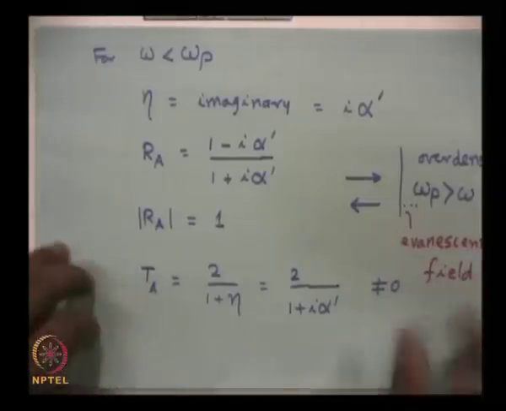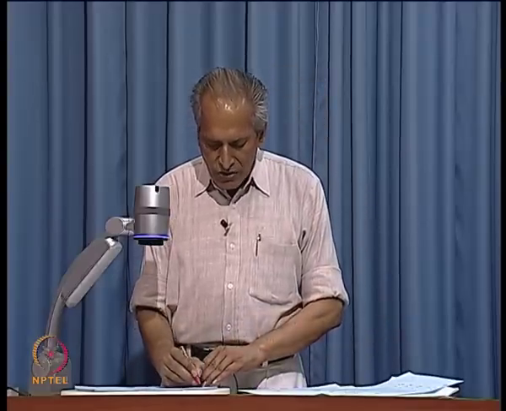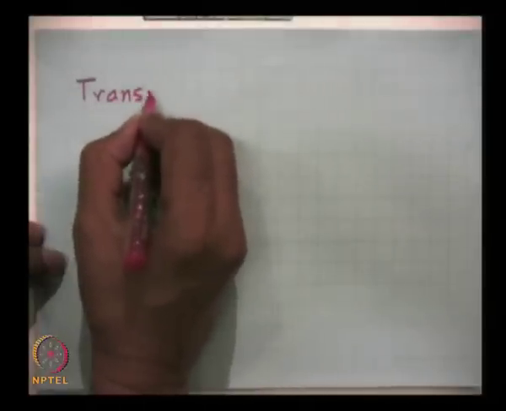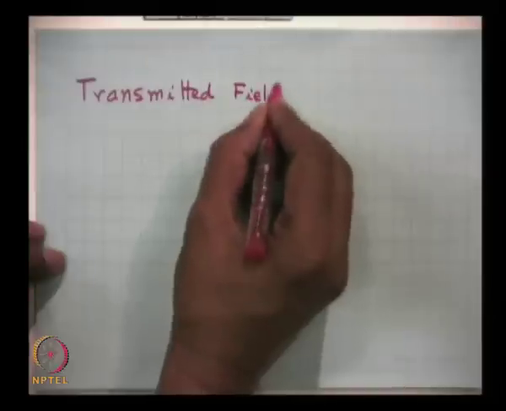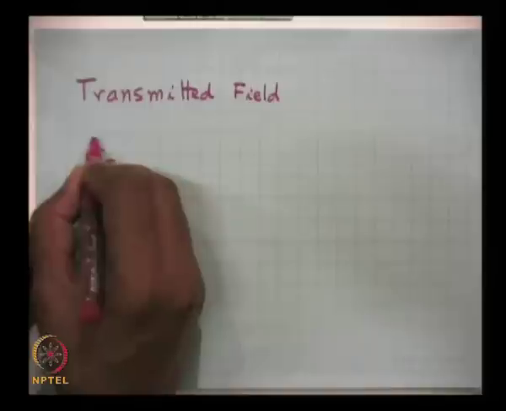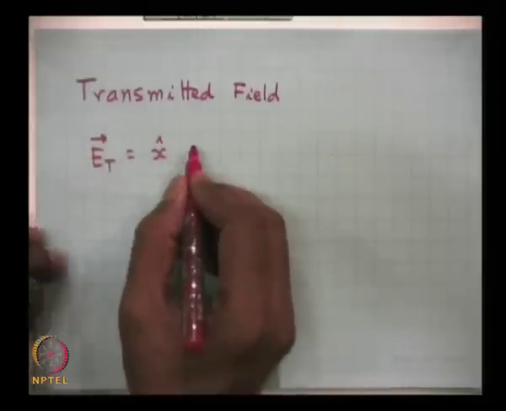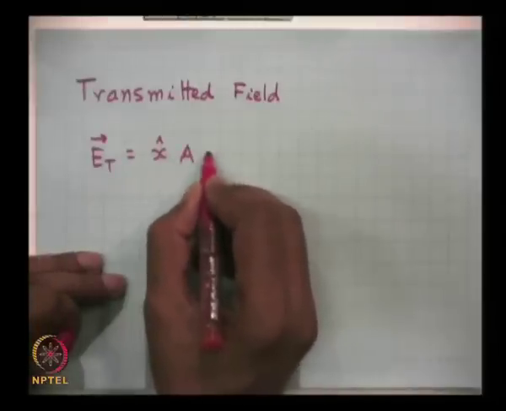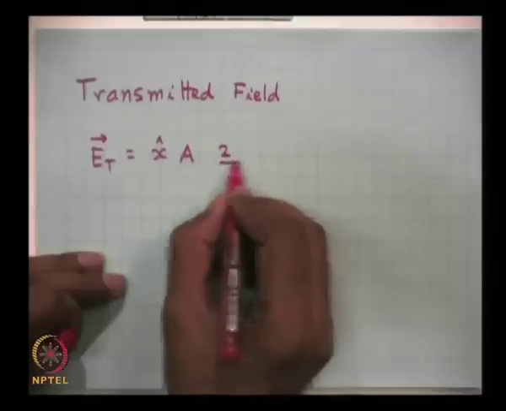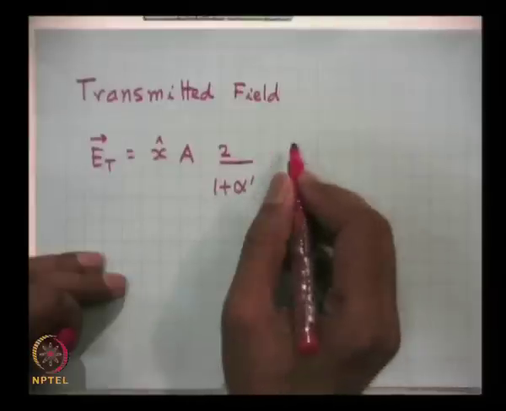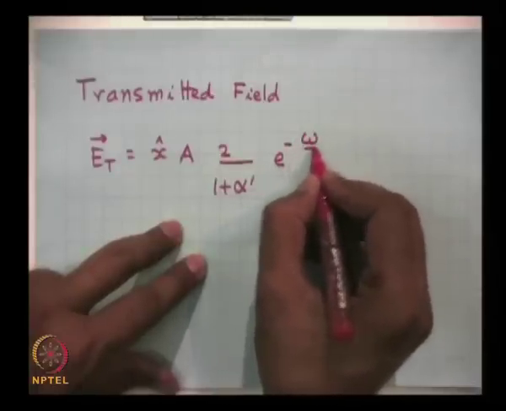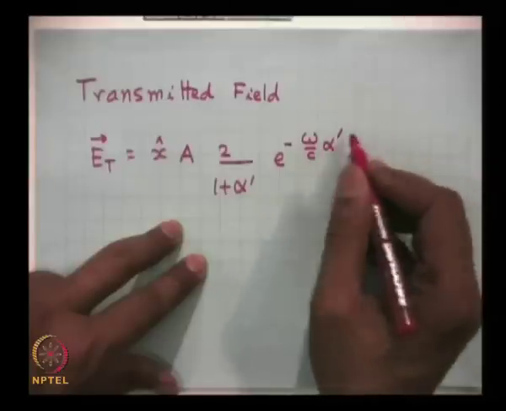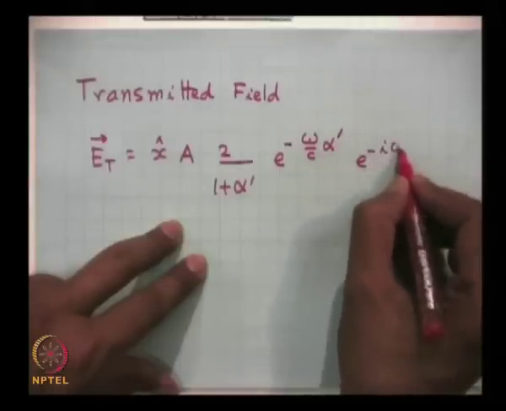And how much is the evanescent field? Let me write down this expression. In terms of TA, I will write down my transmitted field is ET, x direction was the direction of polarization, amplitude was A into TA, TA I have taken as 2 upon 1 plus alpha prime, and in the second medium this goes as exponential minus omega by c into alpha prime, this is the value of k imaginary, into exponential of minus I omega t.